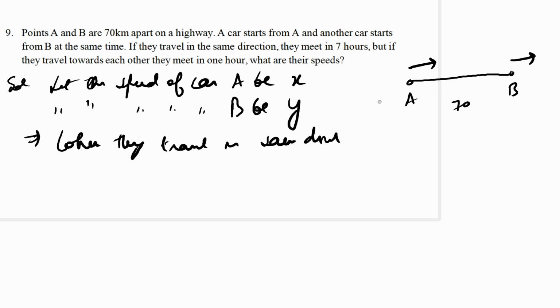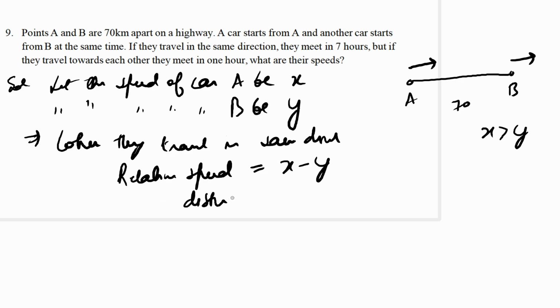So we are assuming x is more than y. So the relative speed will be x minus y, and the relative distance traveled will be the distance between them. They might travel more distance, but we'll just consider the relative distance, that is 70.